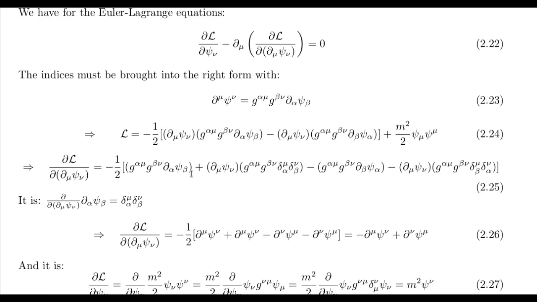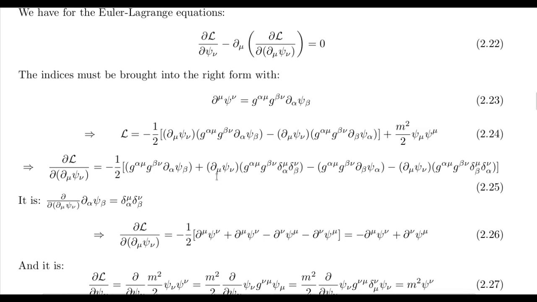But we have to use here the product rule of differentiation, and here we have also got the same expression but with other indices. And with the rule here that if we have different indices, then we have Kronecker symbols with the indices here. That should be clear.